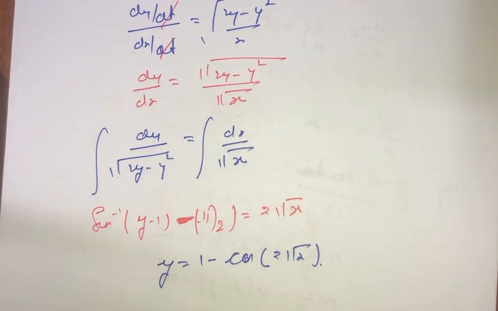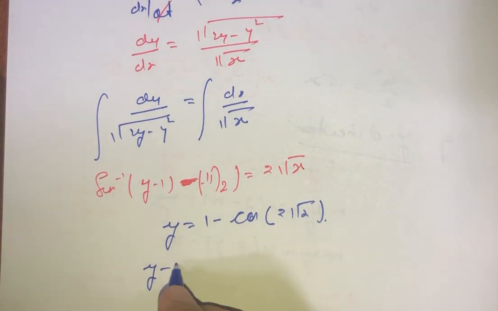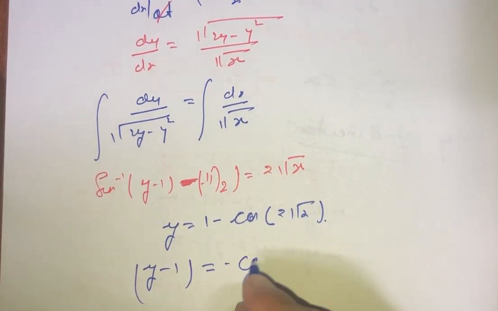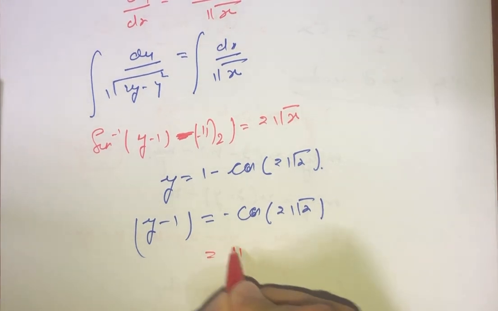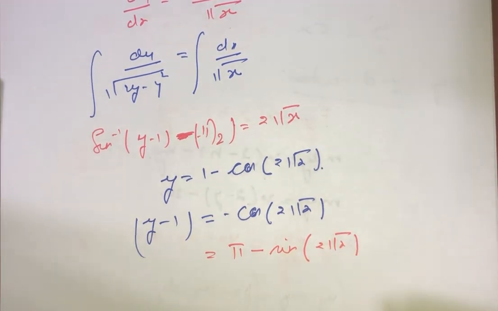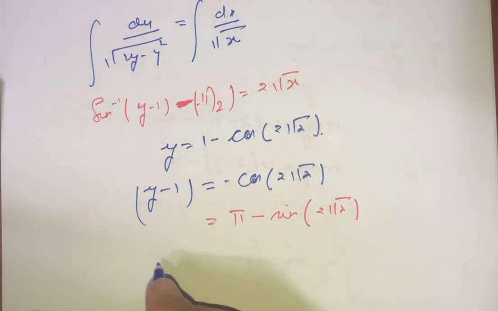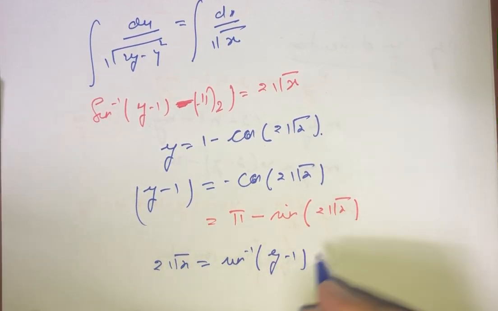This can be further written as y minus 1 is equal to minus cos 2 square root of x, or you can say that 2 square root of x is equal to sine inverse of y minus 1 minus pi.